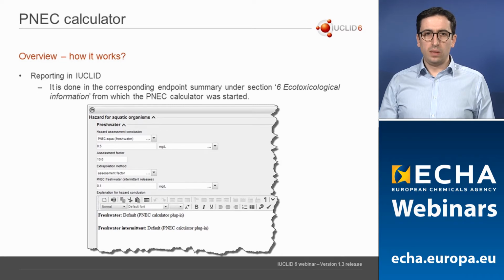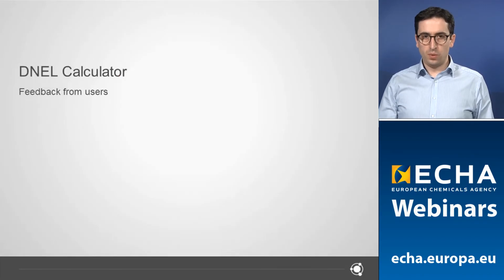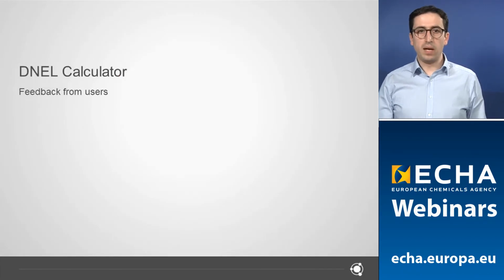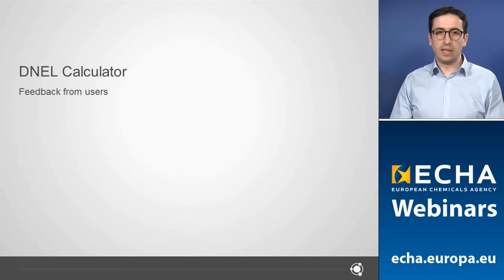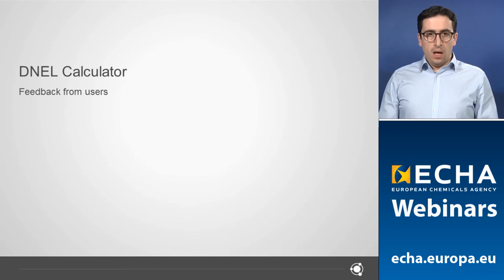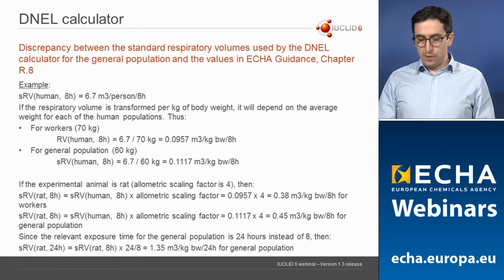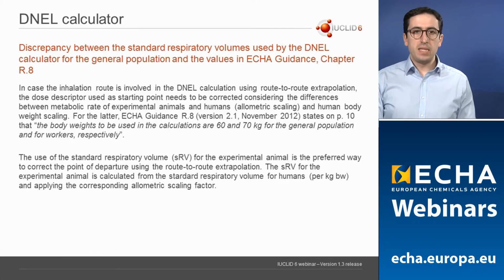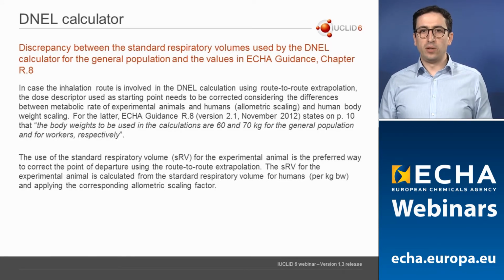I would now like to go through some feedback we have received for the DNEL calculator. Many of you have noticed a discrepancy between the standard respiratory volumes used by the DNEL calculator for the general population and the values that appear in some examples in the ECHA guidance in chapter R8.